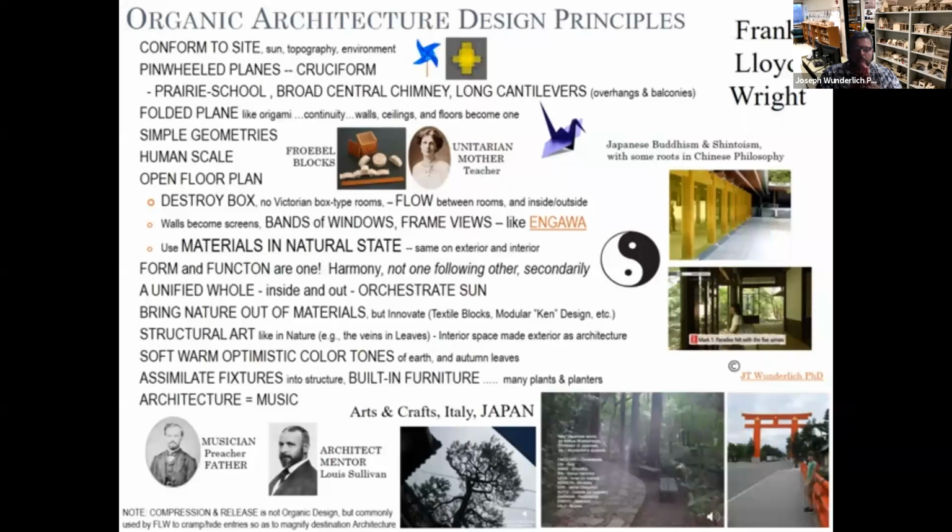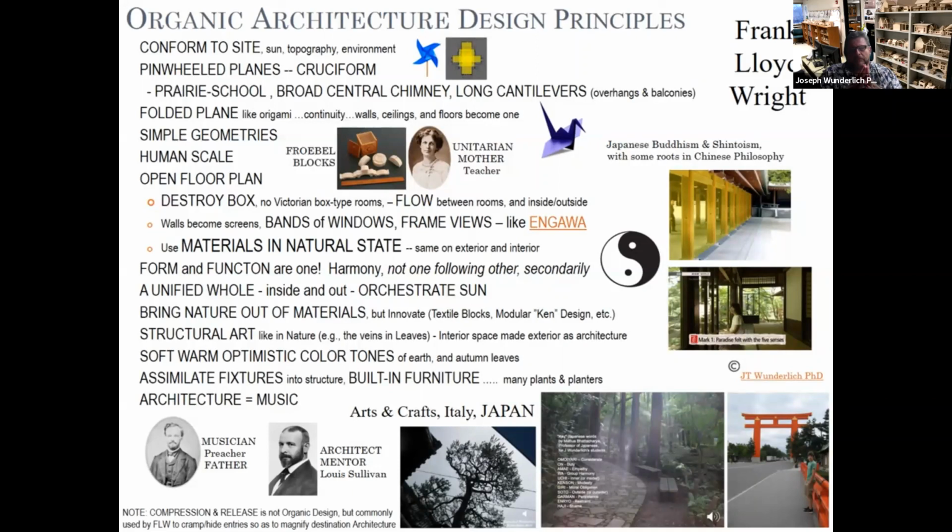The folded plane, like origami, we're looking for inspiration from Japanese things, which he was doing from very early on. 1892 or 1893 Chicago World's Fair exhibition with Japanese architecture. Then he visited Japan in 1906 and 1913, and then lived in Japan for 3 full years over a 5-year span, building the Imperial Hotel and doing other things.